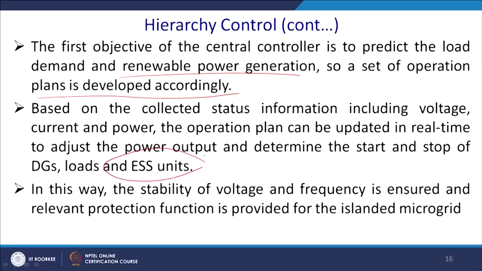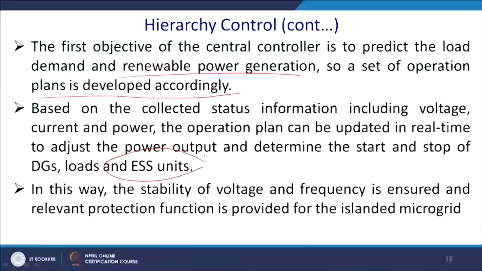So, all those things, the state of charge of the ESS units, how much local generation is there and what is the forecasting, all those issues have to be captured here. In this way, the stability of the voltage and the frequency, and in case of the DC microgrid, the voltage, is ensured and relevant protection is provided for the islanding mode.